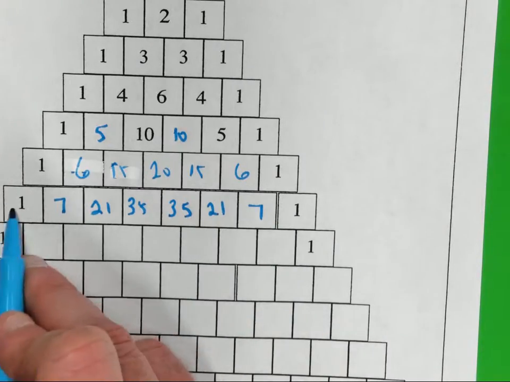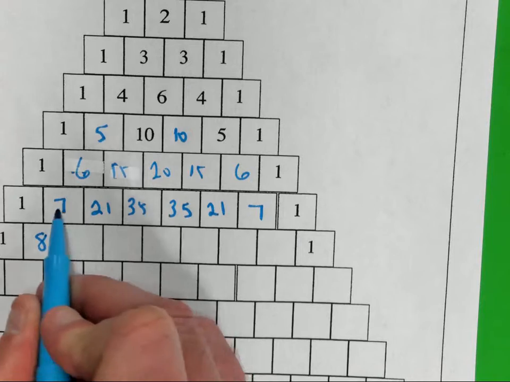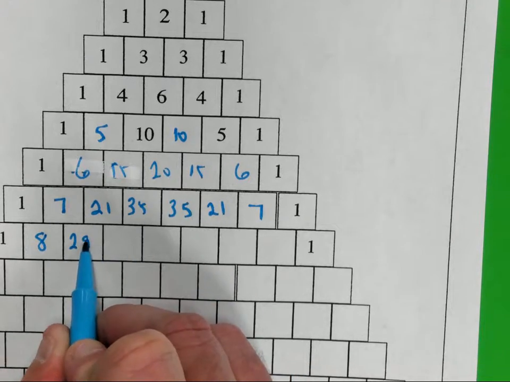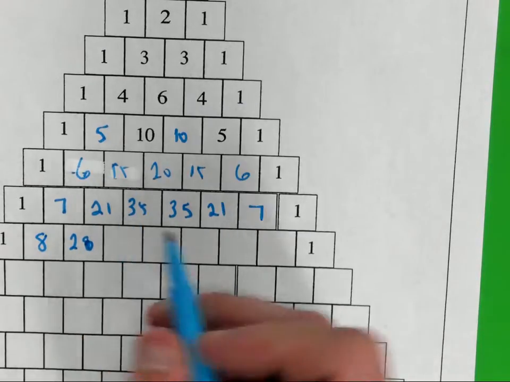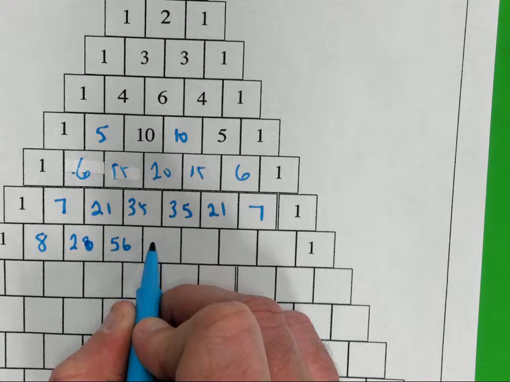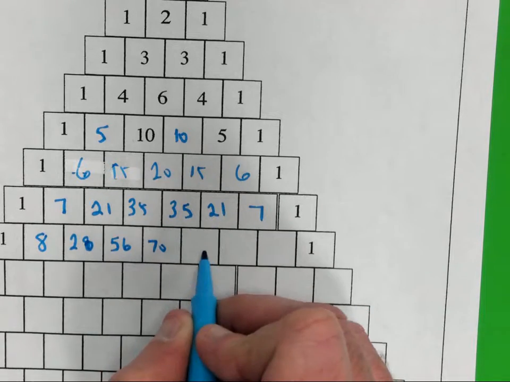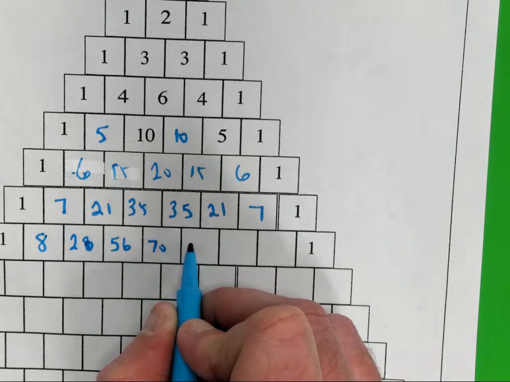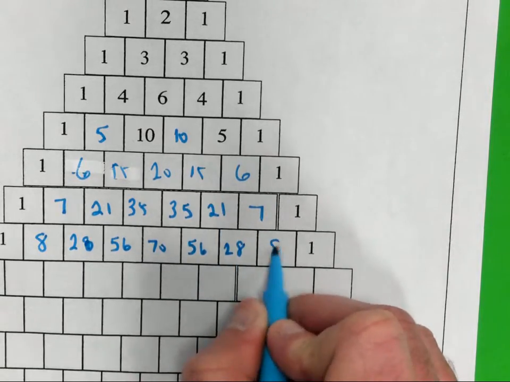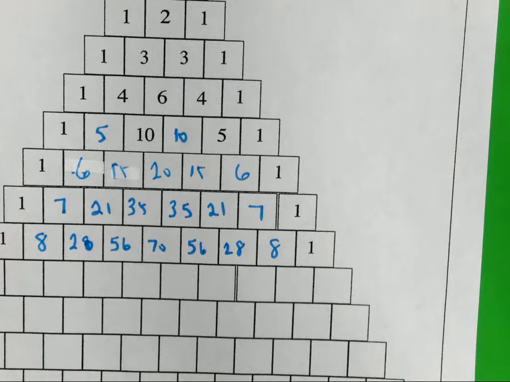Okay, let's keep going. 1 and 7 is 8. 7 and 21 is 28. 21 and 35 is what? 35 and 35 is? 35 and 21 is? 21 and 7 is 28, and 8. Keep filling that out till the bell rings.